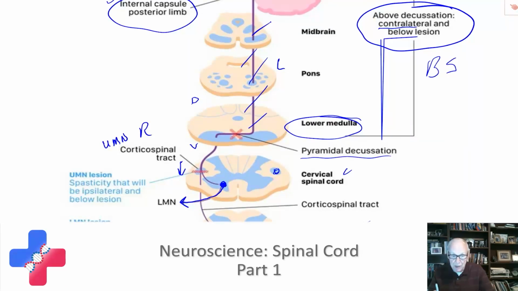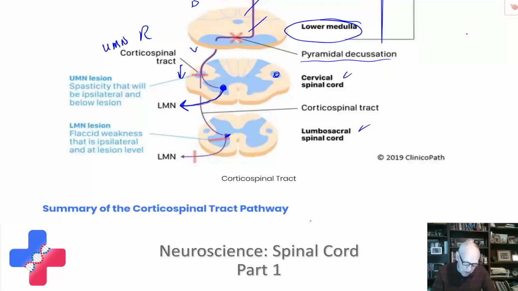We know that always below and the opposite side of the body, contralateral. But notice if you are damaging corticospinal fibers, upper motor neurons, in the spinal cord, now you're below decussation. So in the spinal cord, beginning at C1 all the way down to the end of the spinal cord, all of those upper motor neurons are below decussation.